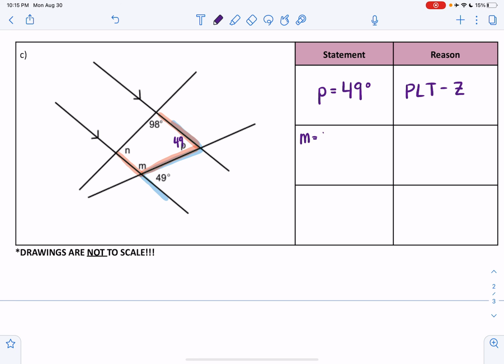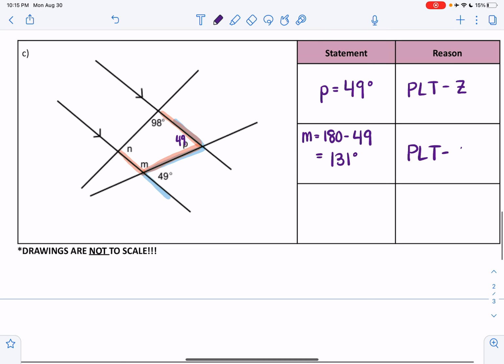So M would be 180 minus 49 because they have to add up to 180. So we will get 131 degrees. And that is from our parallel line theorem and our C.